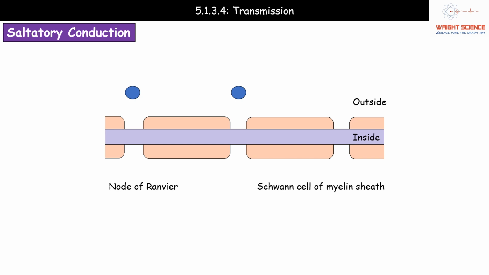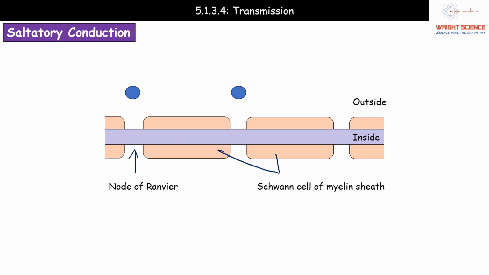So what does it actually look like then? Well, again, here's our lovely little diagram that I've drawn for you. We've got our little node of Ranvier just here, and these are going to be our Schwann cells of the myelin sheath. So we've got the inside in the little purpley colour and then the outside on the top of our diagram in this case. What we actually see happening is our little blue circles are still going to be our sodium ions.